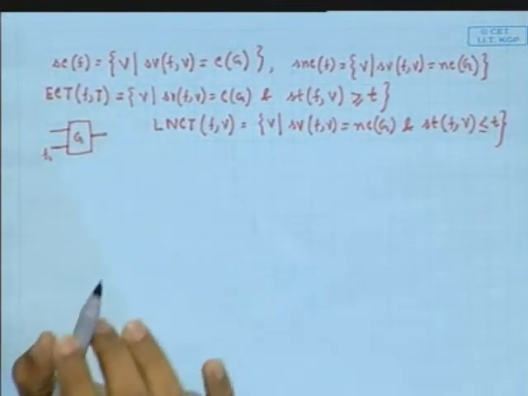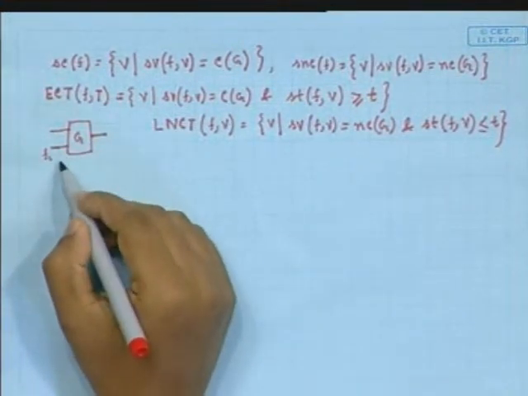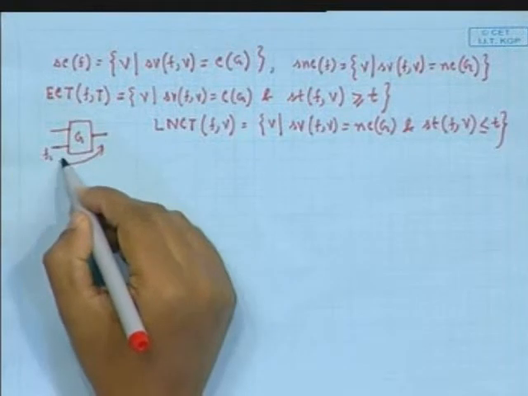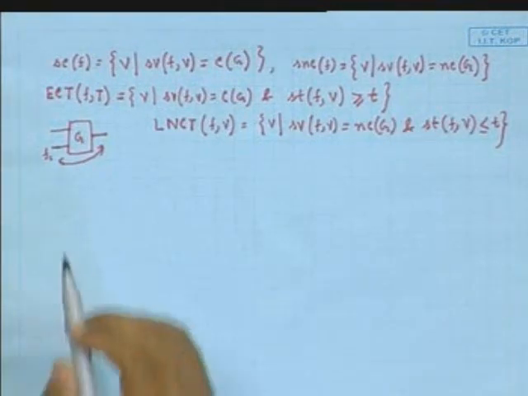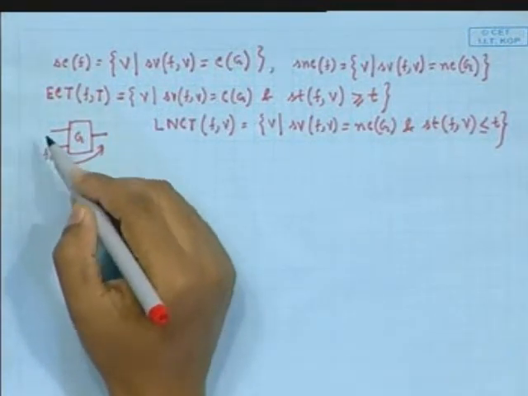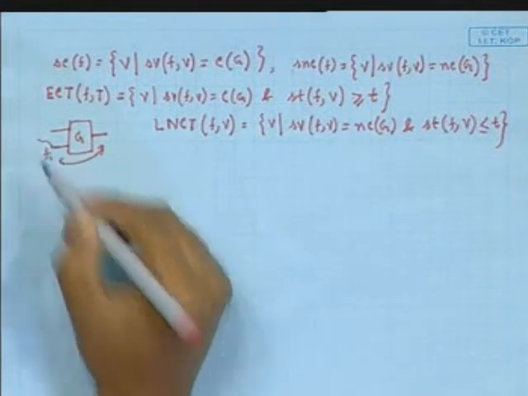Suppose I'm given a path and I want to determine the vector with which the path can be sensitized. Suppose this is a part of the path and somebody has provided me the input vector for which I can sensitize from a primary input to node Fi.